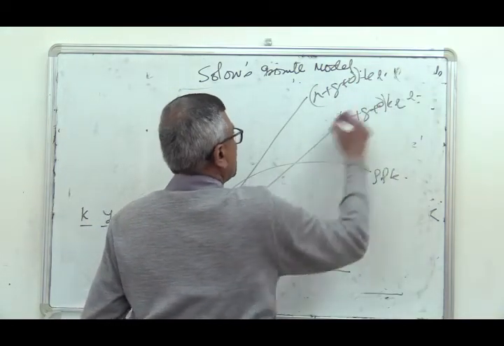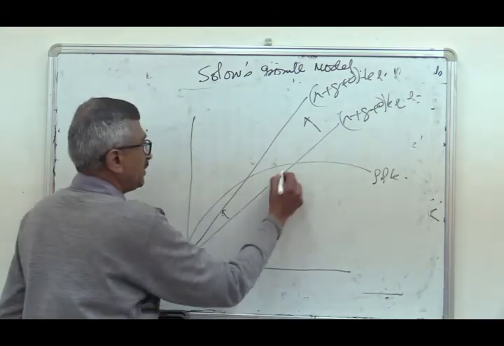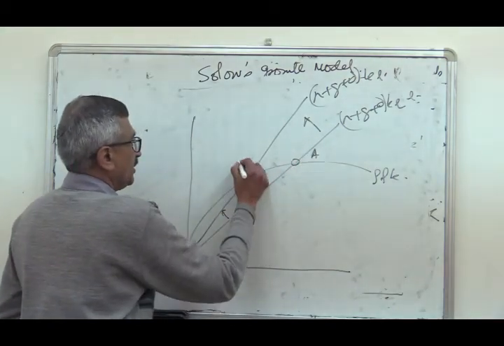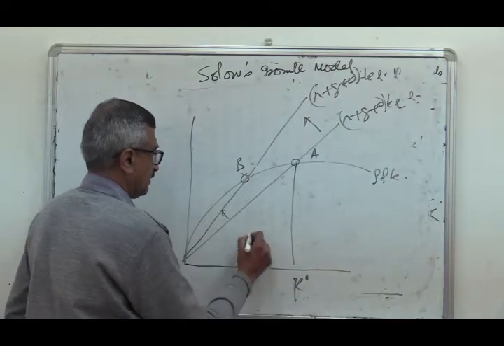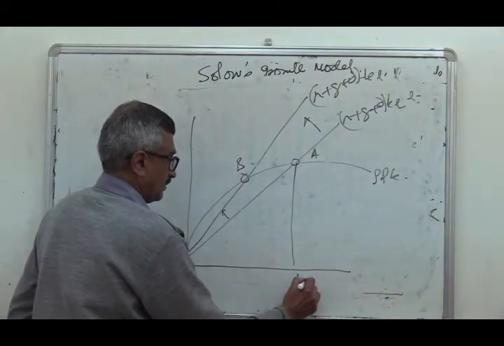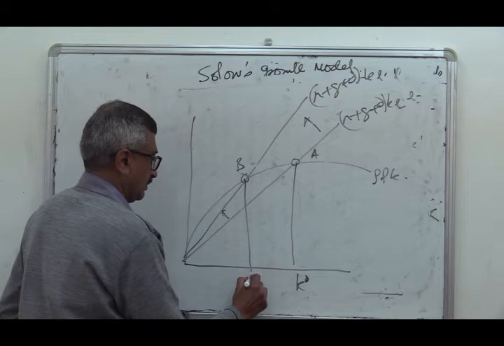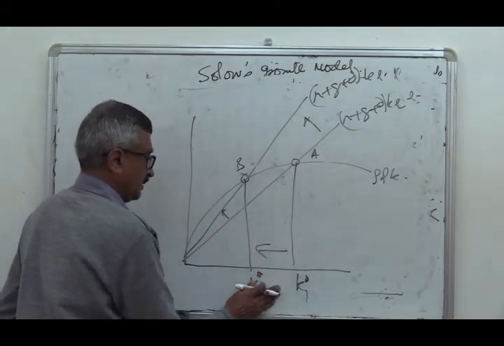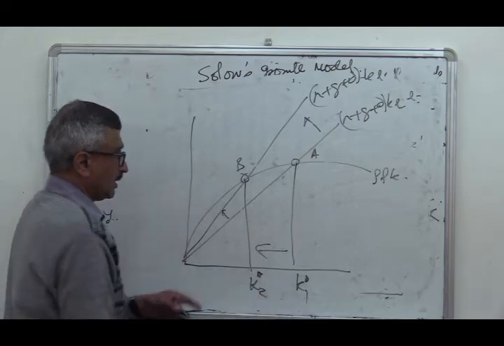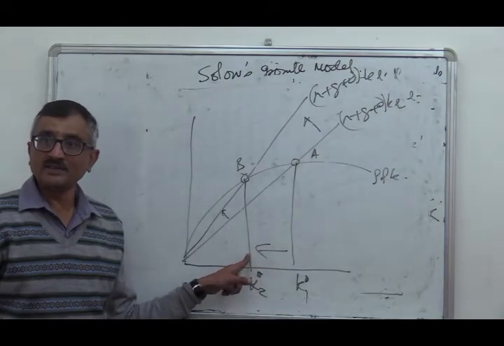This is one, so it shifts up. When it shifts up, we move from point A to point B. Result? Our stock of capital declines.